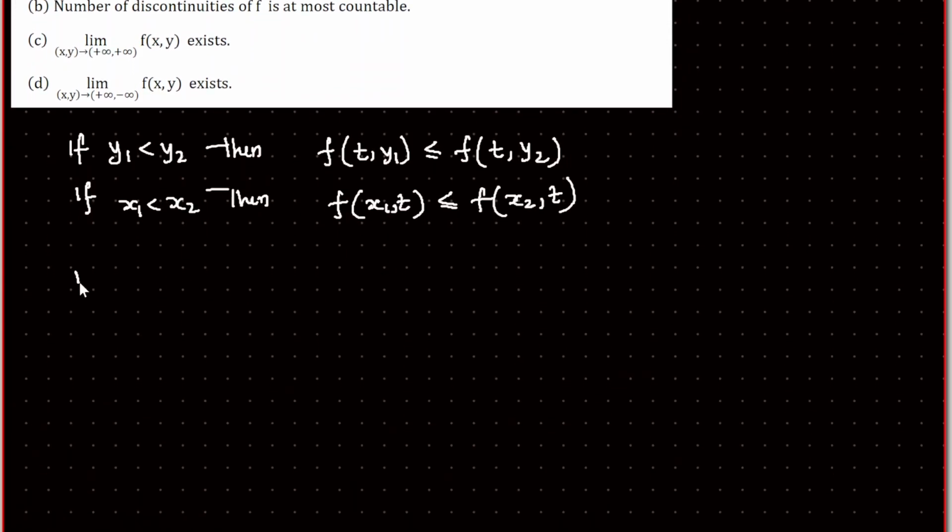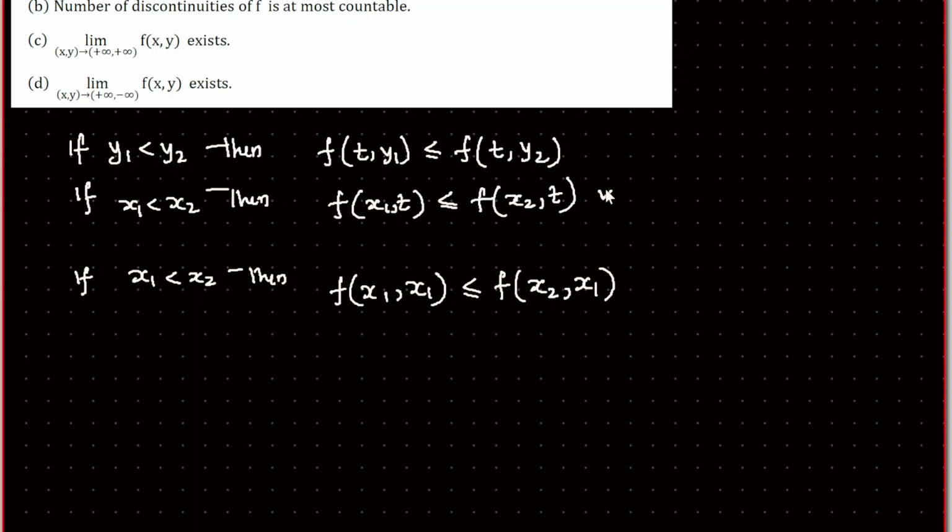So observe that if x1 is less than x2, then f of x1 comma x1 will be less than or equal to f of x2 comma x1 by this property, and this will be less than or equal to f of x2 comma x2 by the first property.